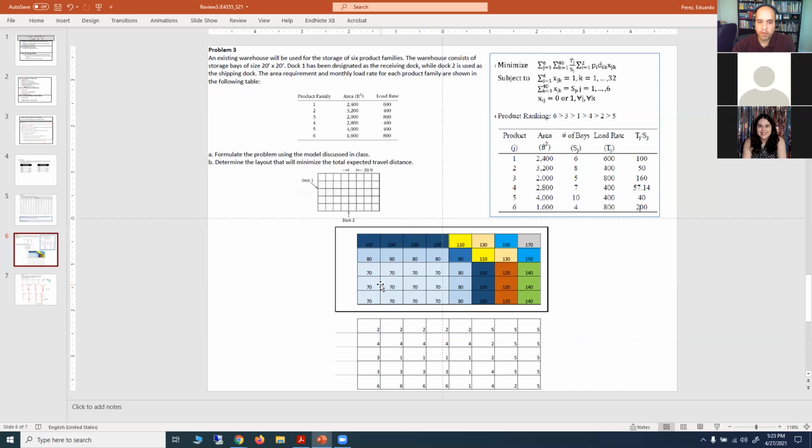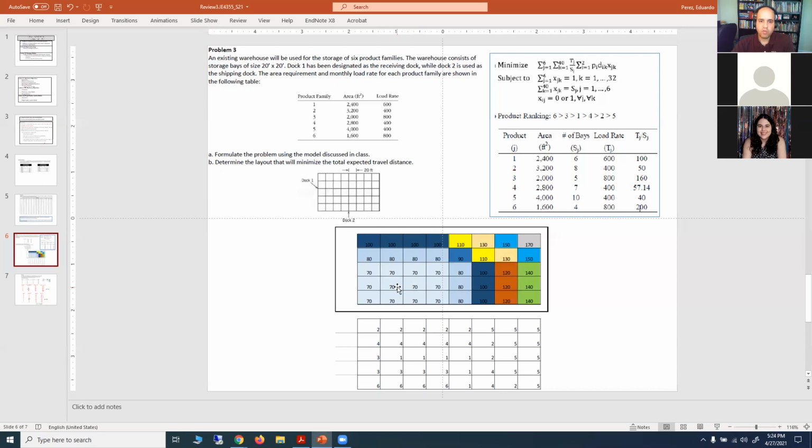If a product has a high demand, you don't want to place it in this corner, because it will take more time to access that product and move it to the doors. So you want to identify those products that have a high demand or a faster move rate than the other product families, and put those in the cells that are closer to the docks, so they can be accessed easily.